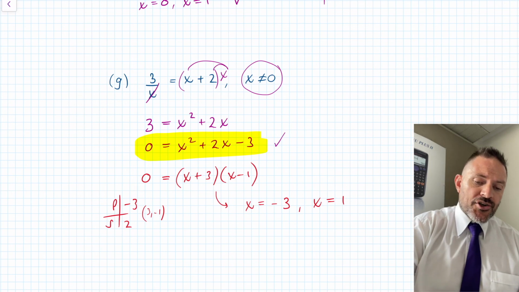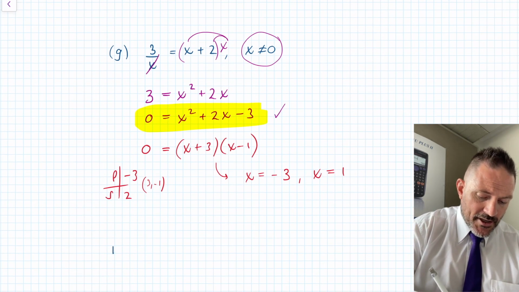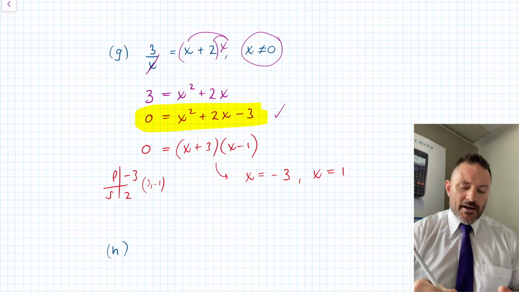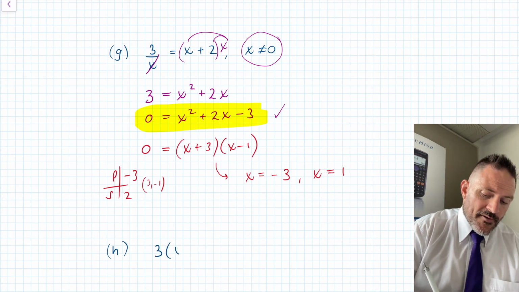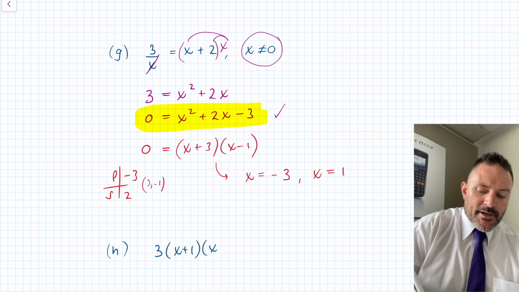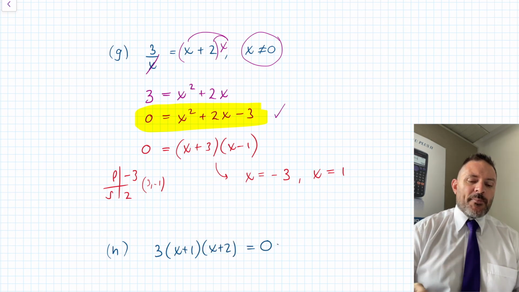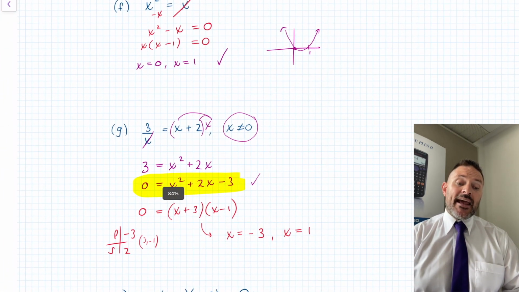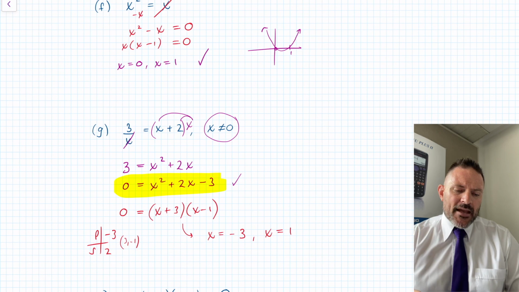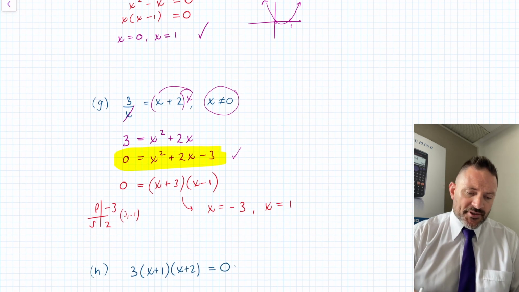The only other thing I'm going to show you before I finish up here, gents, is if you get something like 3 outside of x plus 1, x plus 2 equals 0. I'm just kind of pushing it because I gave this to you in F, and I just want to clarify something. I'm just going to write down f.